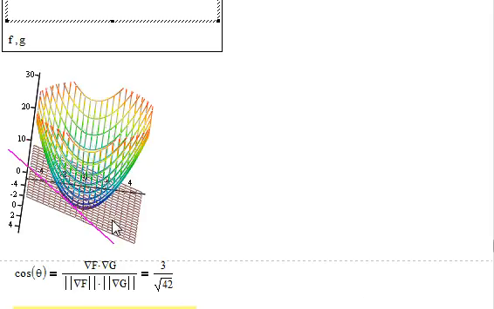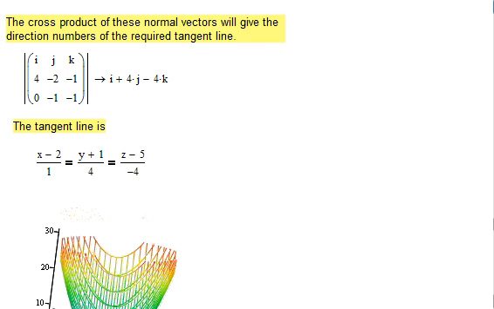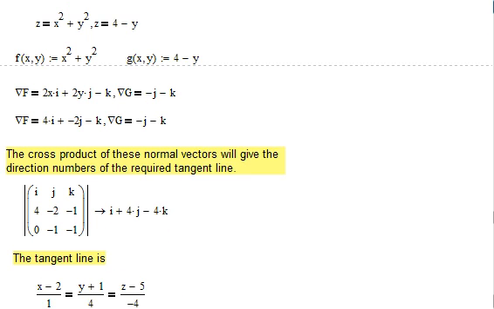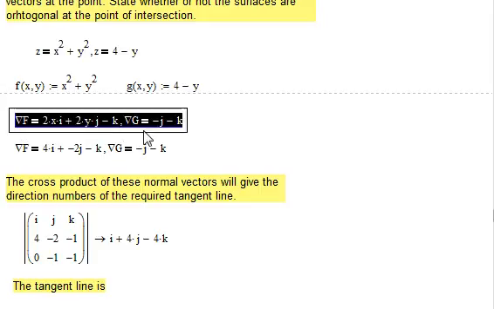We also know the cosine of that angle is del f dot with del g at that particular point over the length of del f times the length of del g, and now we may need to go back for those things. Here's del f, here's del g.